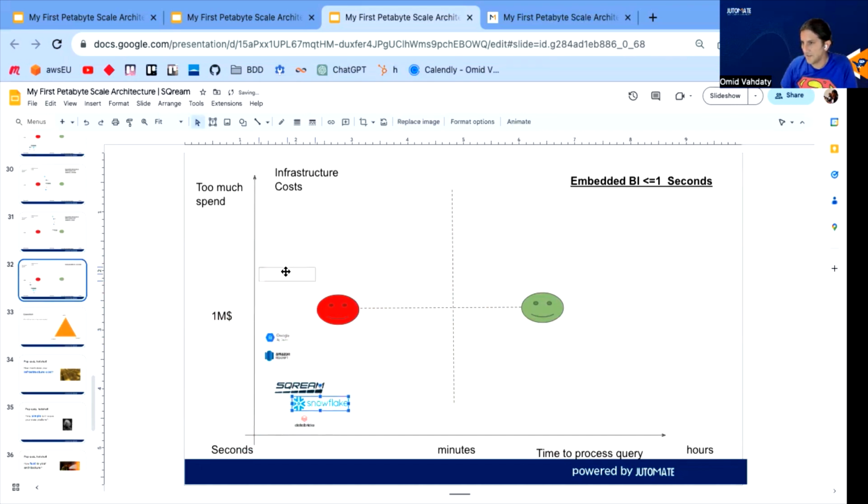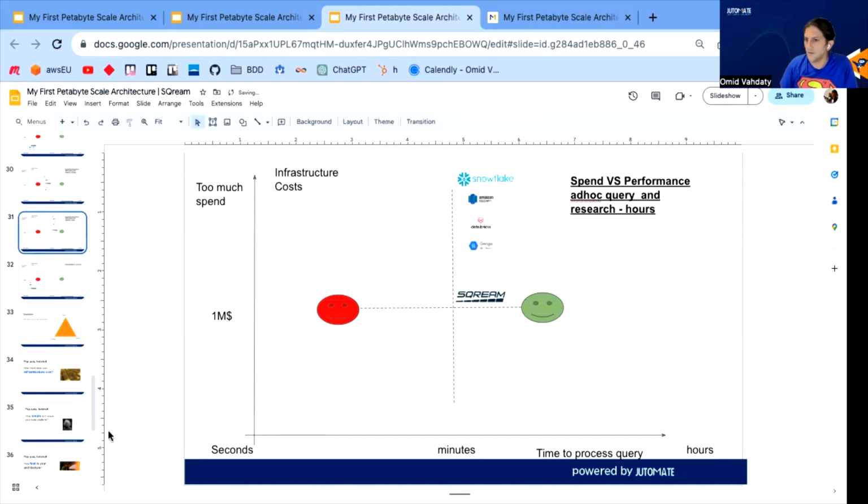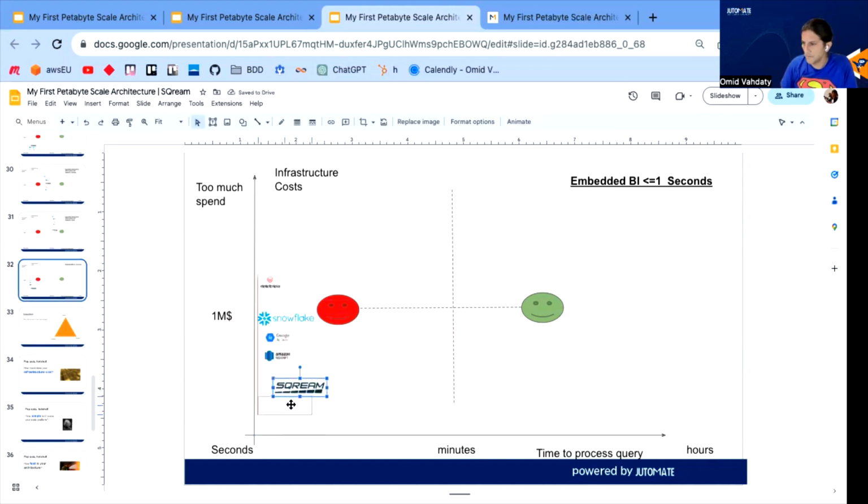And the reason for that is because this one has a feature that allows you to pre-compile your query.